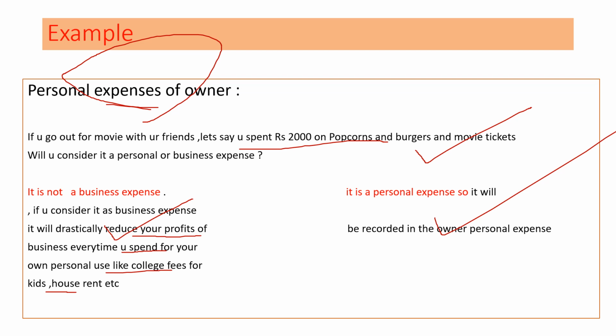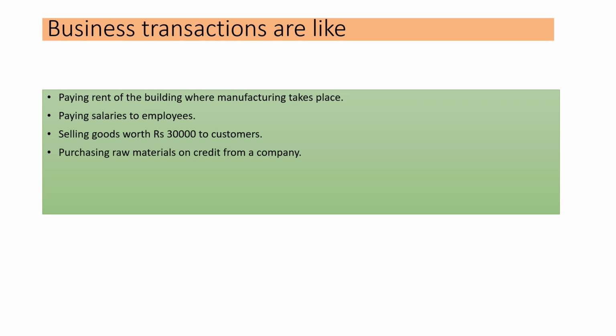Now, let us understand it in a different way. What are business transactions? The personal transactions of the owner, like going for a movie or paying the college fees of the kids or house rent, are the owner's own expenses, not related to the business. But business transactions are, for example, paying rent of the building where manufacturing or production is taking place.